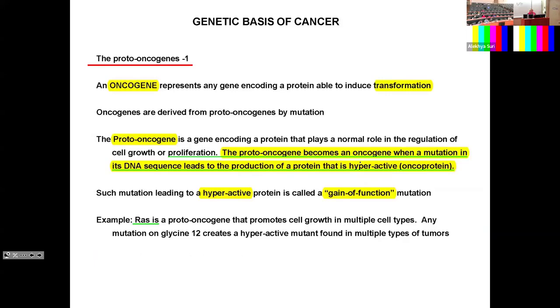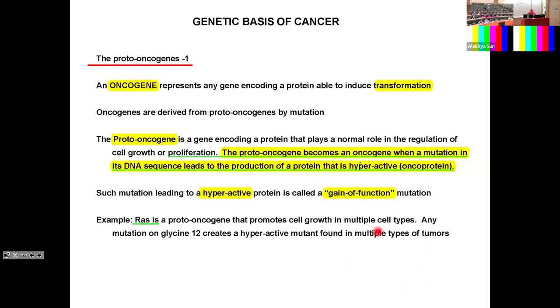We talked about proto-oncogenes; in this case we talk about oncogenes. An oncogene is derived from the proto-oncogene by mutations. We say the proto-oncogene becomes an oncogene with a mutation in the DNA sequence that leads to production of a hyperactive protein.